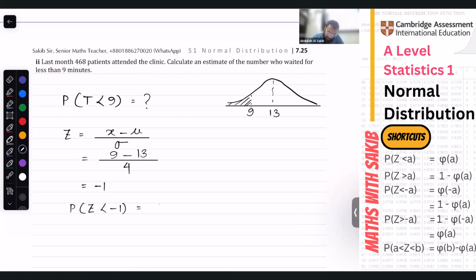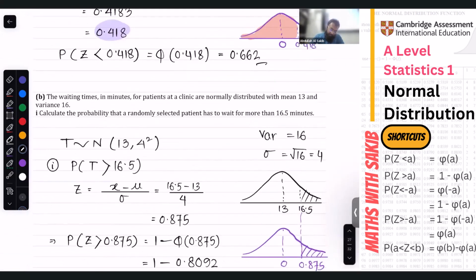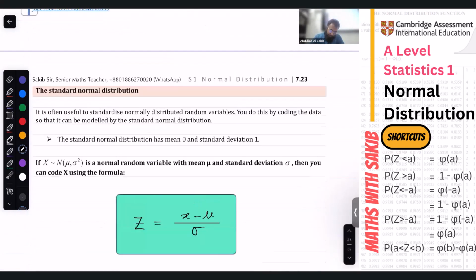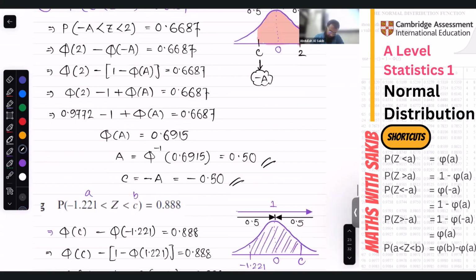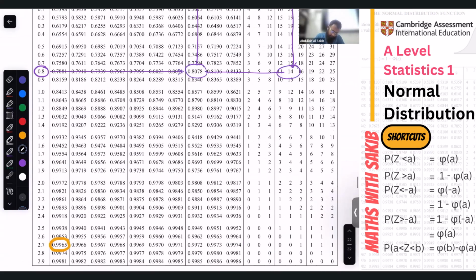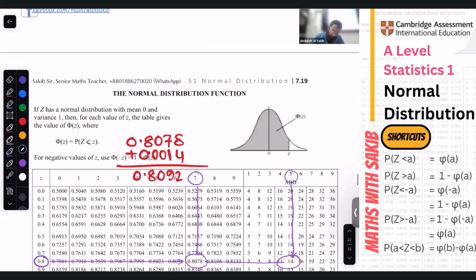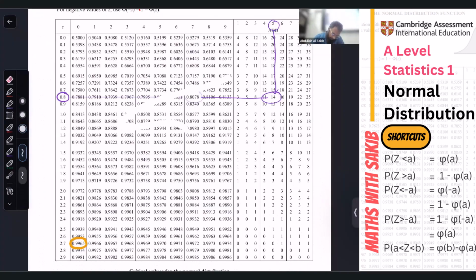So Z less than minus 1 means phi of minus 1. Clear? And phi of minus 1 means 1 minus phi of 1. So we need to find the value of phi of 1.0.